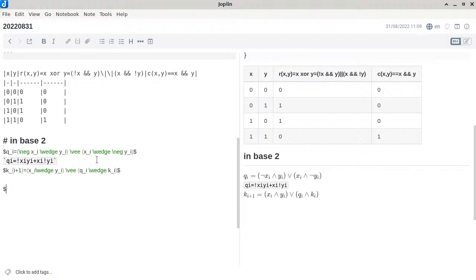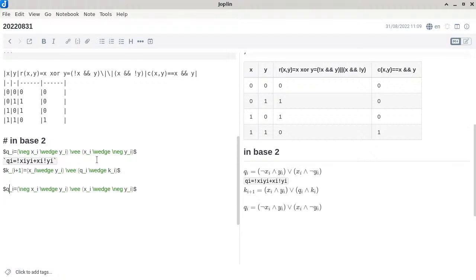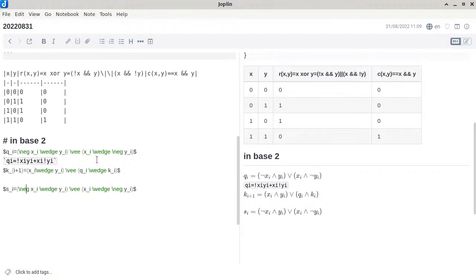And we have one more, and then we are done with expressing how the bits relate to each other. So the last one is the S of i. So S of i is the same as Q of i, so I'm going to do the lazy thing and just copy and paste and then just change the individual item. So S of i is the exclusive OR between the Q and the K. So that's all I need to do here.